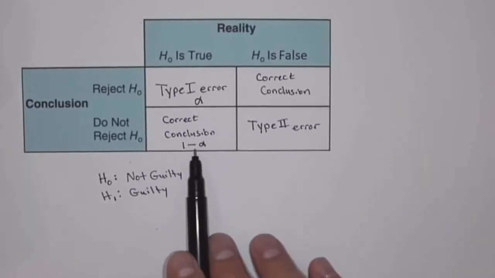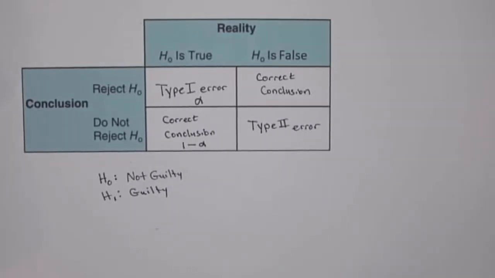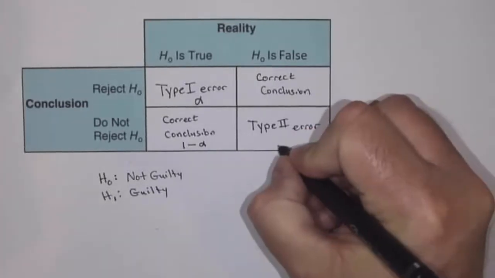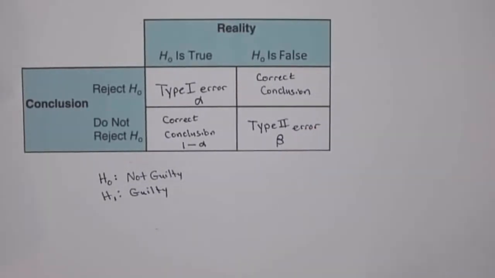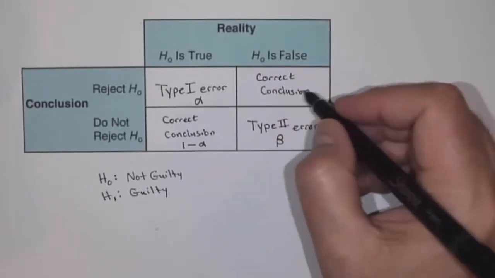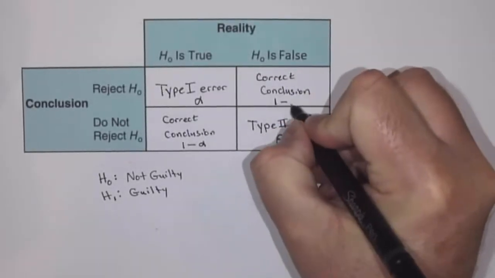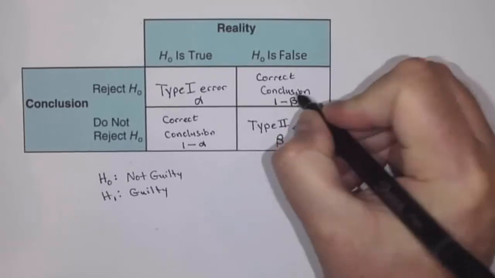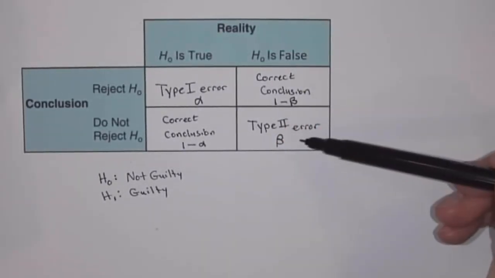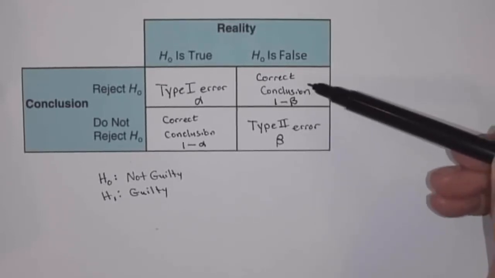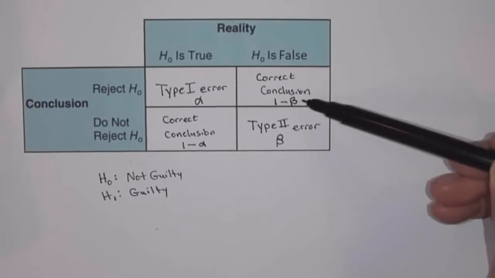The probability of making a correct conclusion would be 1 minus alpha. Likewise, if we call the probability of making a type 2 error beta, then the probability of making a correct conclusion would be 1 minus beta. So if the null hypothesis is actually false, the probability of making a type 2 error is beta, and the probability of correctly concluding that it's false is 1 minus beta.